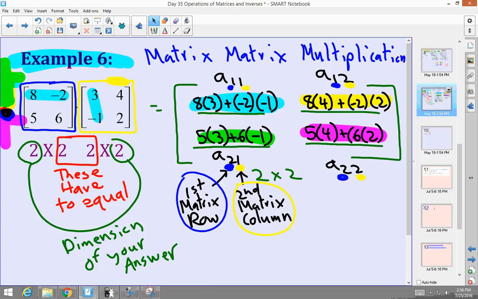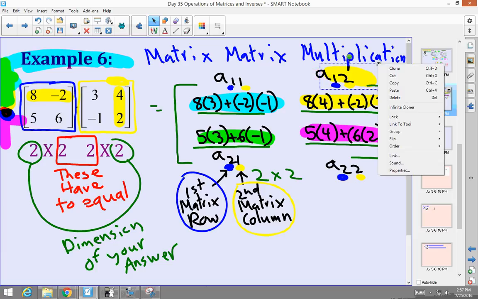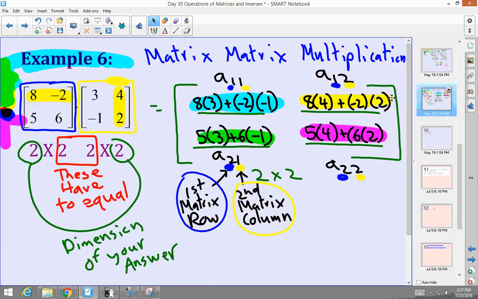Okay, if I want to clear the board, and I'm going to look at the top right, it's still going to be row 1, but it's going to go to column 2. Row 1, column 2. That means the first number is the row of the first guy, and the second number is the column of the second guy.